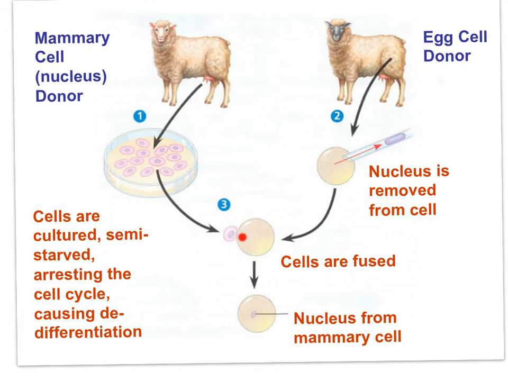So, the nucleus of the differentiated udder cell is inserted into the egg cell whose nucleus has been removed. And with that, we have a cell that is effectively an embryo with the DNA of a differentiated cell, the DNA of this adult sheep here.